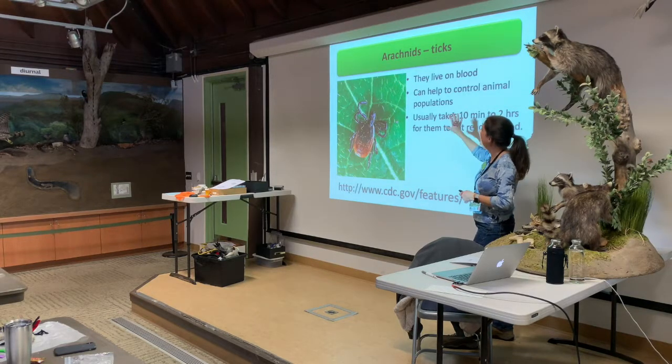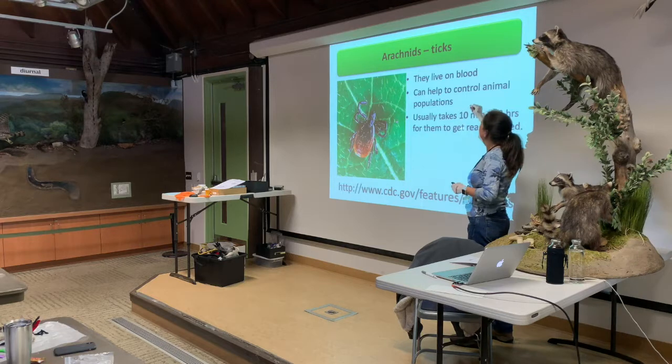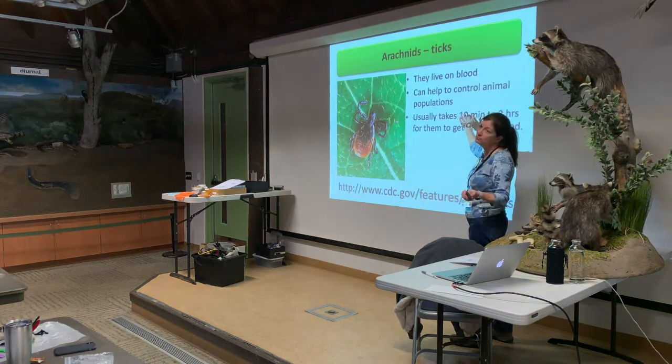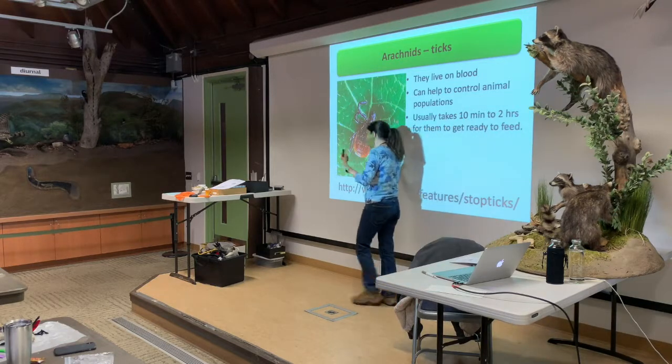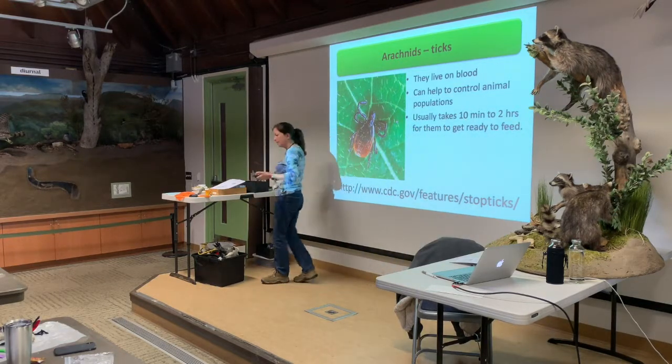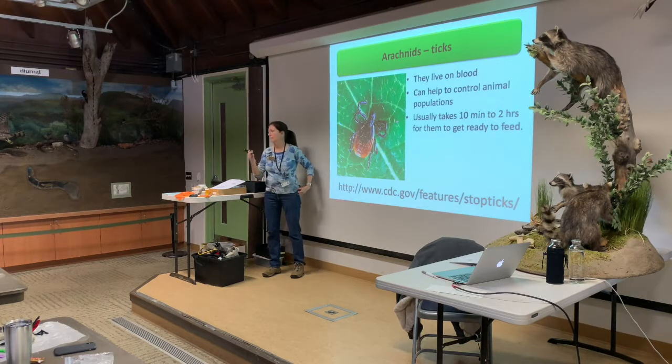Ticks tend to live on blood. That tends to be the thing. They have some good points to them. They help to control animal populations, because otherwise we'd just be inundated with too many deer or puppy dogs, like that.